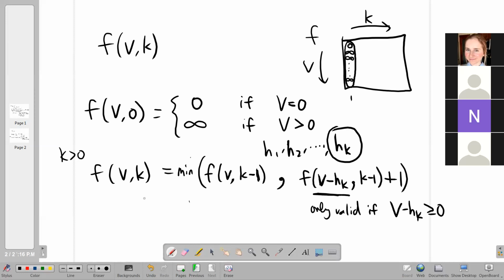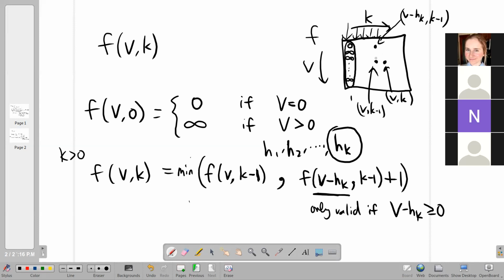And then for each of these recurrences, for any particular V, K, you look at the previous column, K minus 1, either the value at V, K minus 1, or a value up here, which is V minus HK, K minus 1. So if you're building this table and you compute one column at a time in increasing K, then every time you need to compute a value, whatever you need has already been computed.